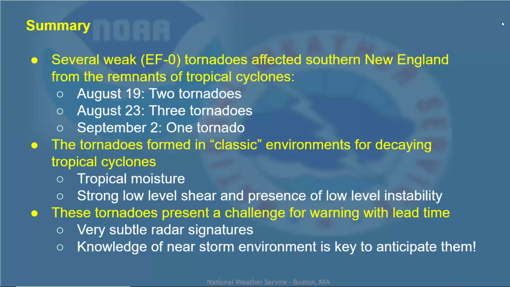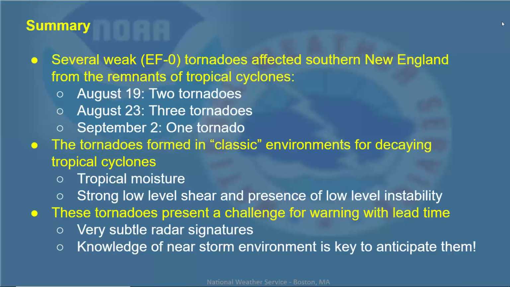In all, we covered 6 tornadoes from 3 different events, and the environments in which the tornadoes formed are all very classic for decaying tropical cyclones: plenty of tropical moisture, strong low-level shear, and the presence of low-level instability.